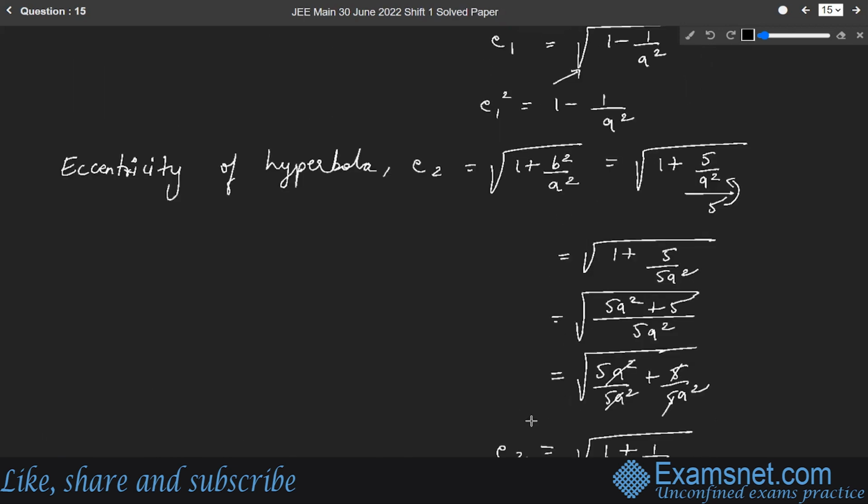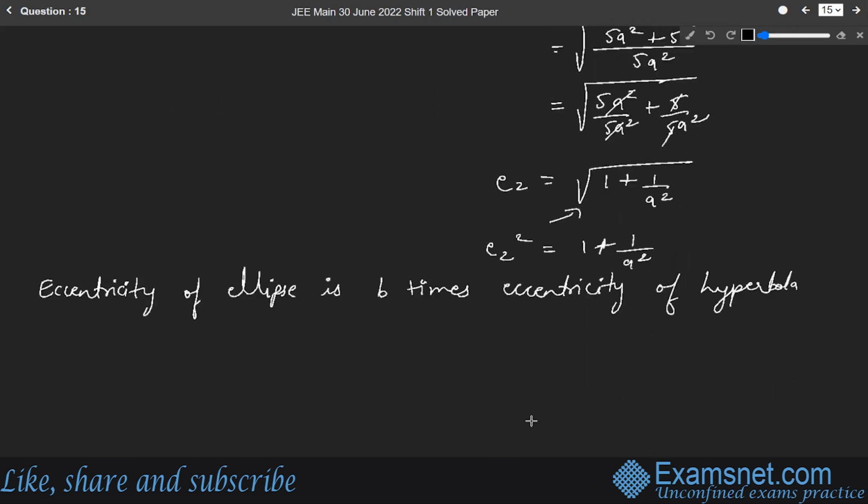It is E1 square is equal to 1 minus 1 upon a square. But what is the eccentricity? Eccentricity is actually E1. E1 will be b times the eccentricity of hyperbola. So what is the eccentricity of hyperbola? It is E2. So this is the condition that is formed on the basis of the given statement in the question.